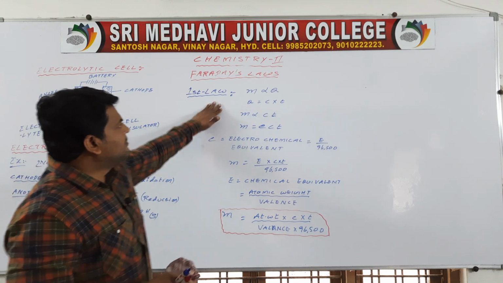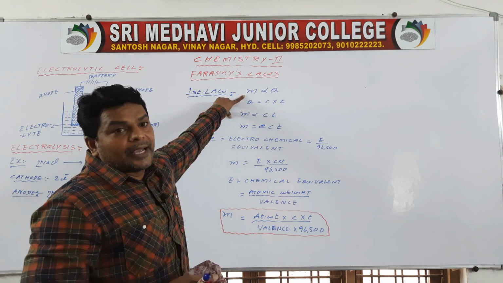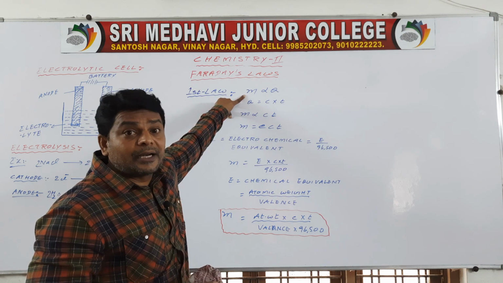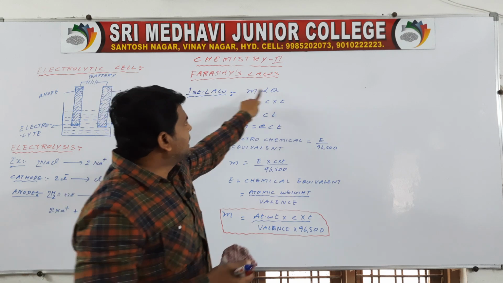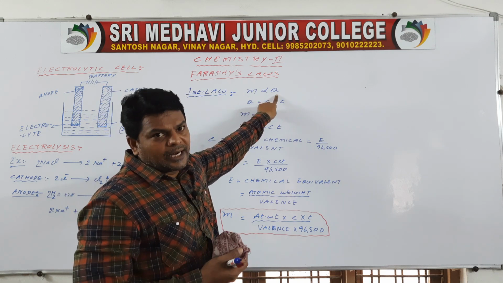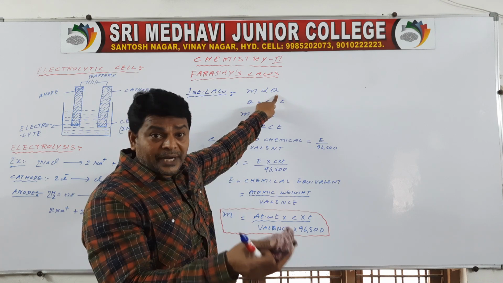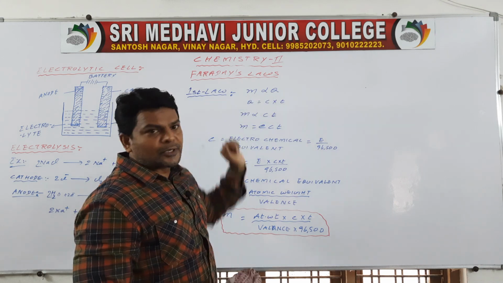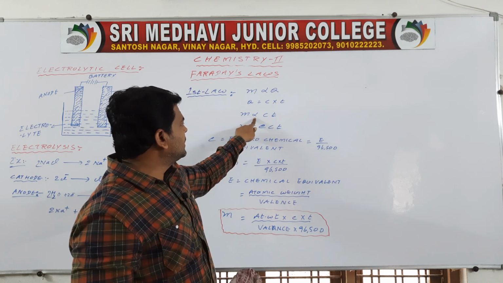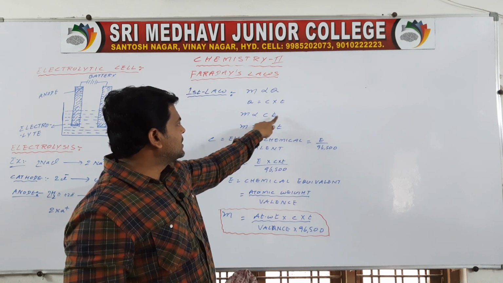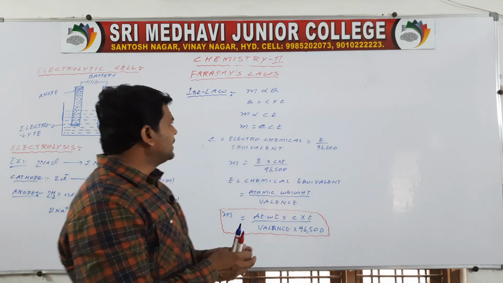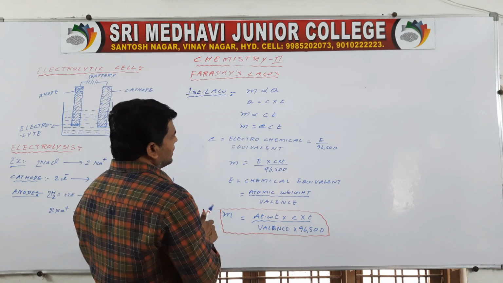So the first law means the amount of substance deposited or liberated or dissolved at an electrode is directly proportional to the quantity of electricity passing through the electrode. Based on that principle, M is directly proportional to Q, which equals Ct, then M equals eCt, e equals capital E by 96,500.